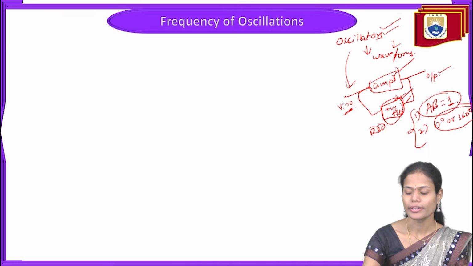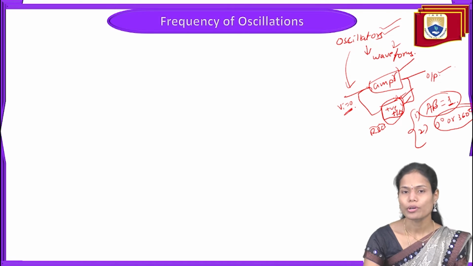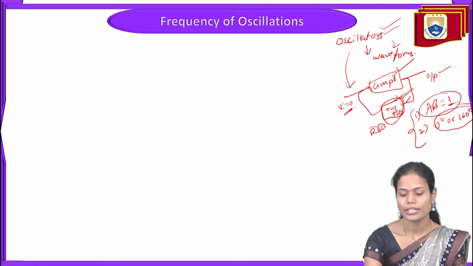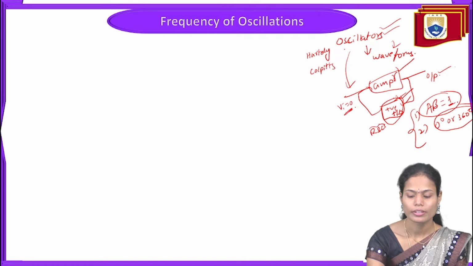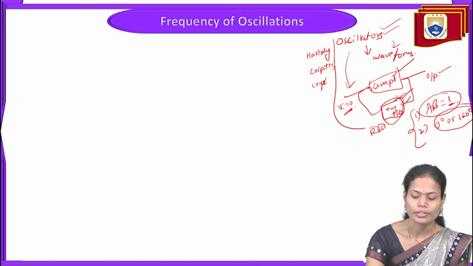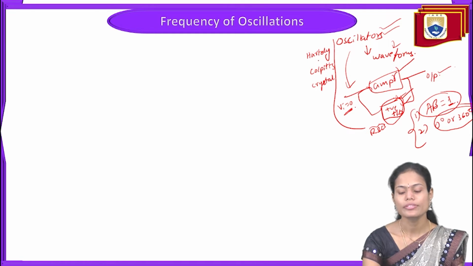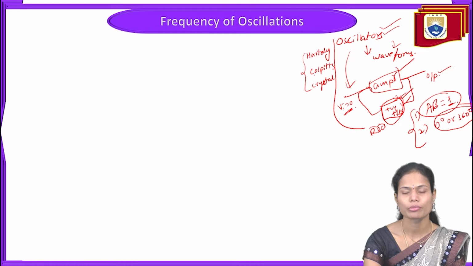In order to solve the problems on oscillators, we need to know the formula of frequency in different oscillators. In our syllabus, we have three different oscillators: one is the Hartley oscillator, one is the Colpitt's oscillator, and one more is the crystal oscillator. In these three types of oscillators, we are going to see how much frequency is required to provide the oscillations.